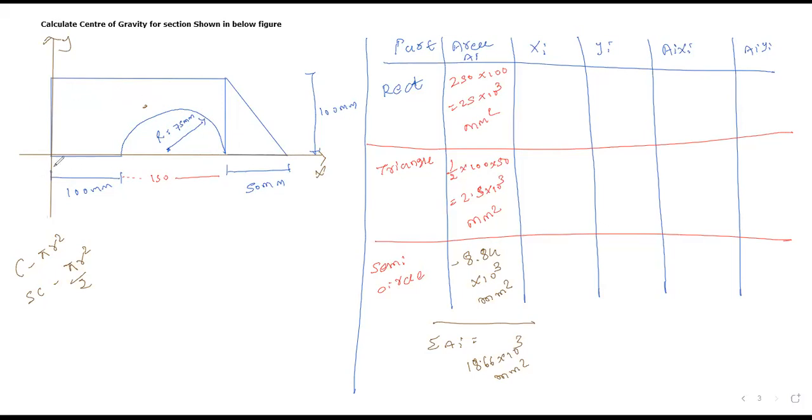That is nothing but half of the total length of the rectangle, which is 250. So 250 divided by 2, you will get 125. What is y? From the center of the rectangle to the reference x axis distance. This is your x and this is your y. So 100 by 2, 50 mm. Similarly, we will calculate for the triangle.